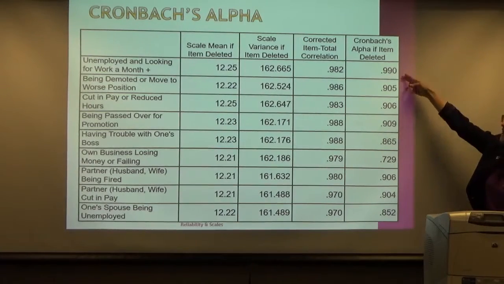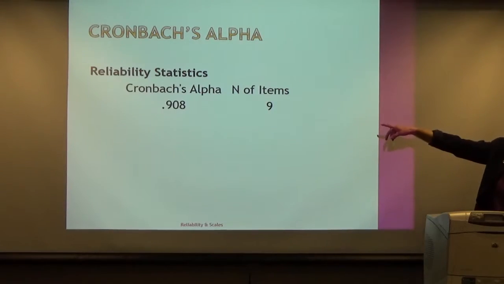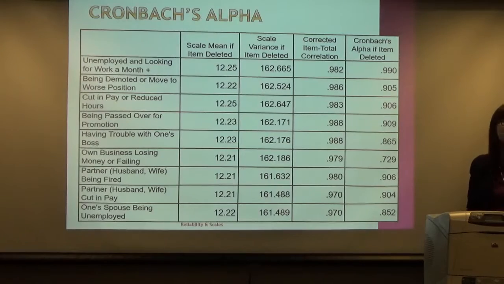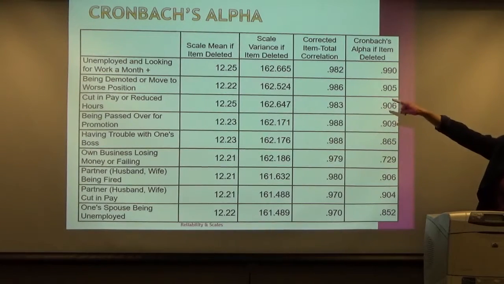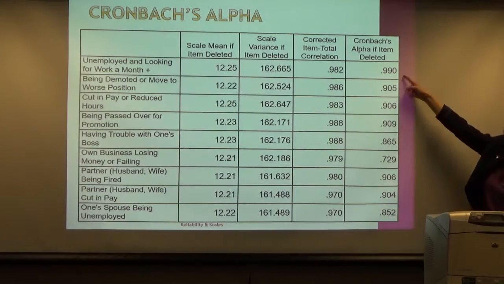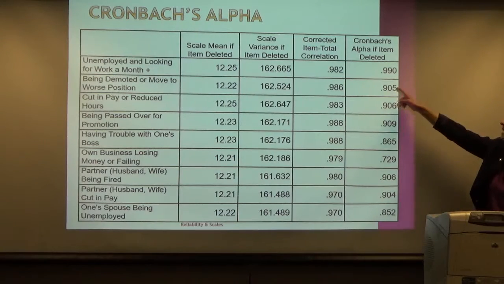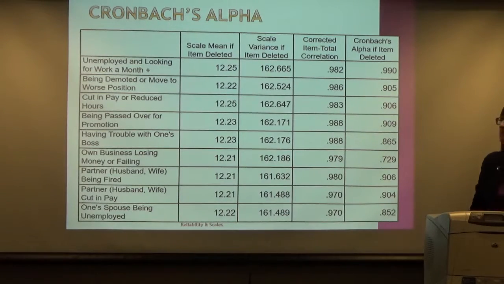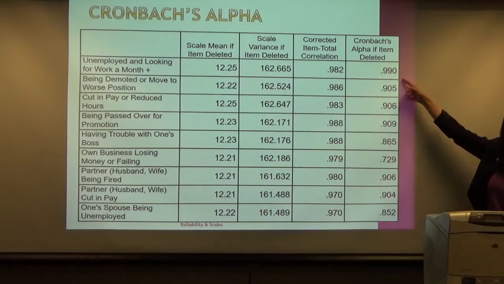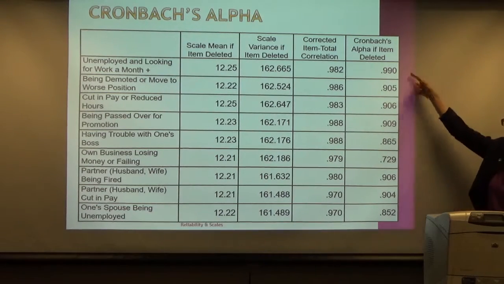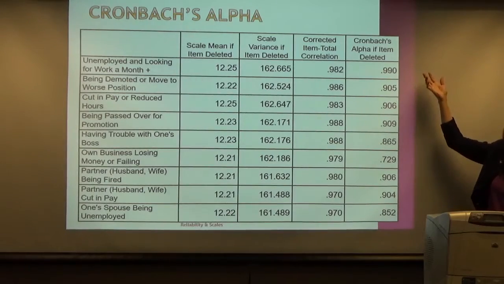Okay? Now it can go up, but 0.908 to 0.990, do I want to lose that item to make it go up that amount? It's going up 0.088, so it's not going up a whole lot.